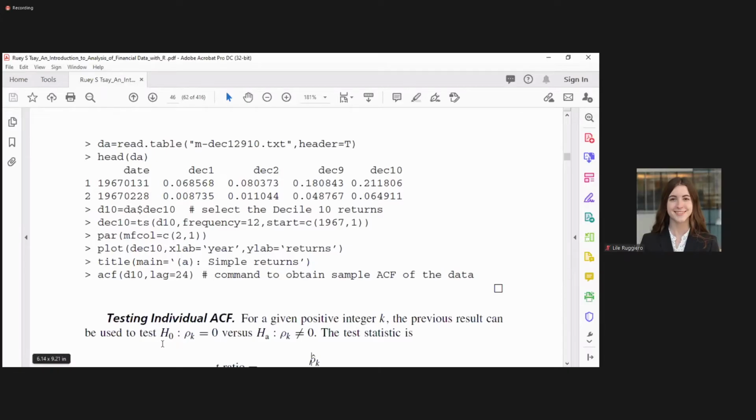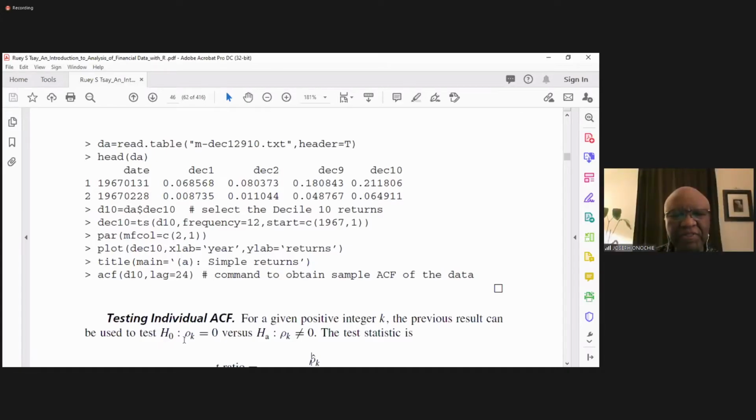So here, look, the null hypothesis is that the autocorrelation at lag 1 is 0. The alternative is the autocorrelation at lag 1 is not equal to 0. It could be positive or negative, right? So this is what you call a two-sided test in statistics.